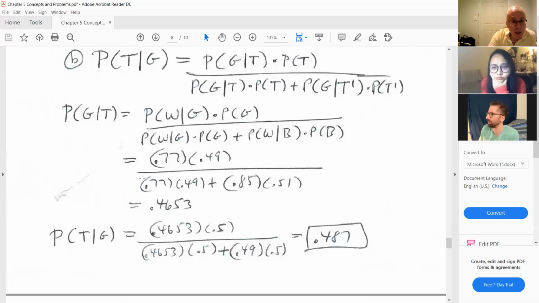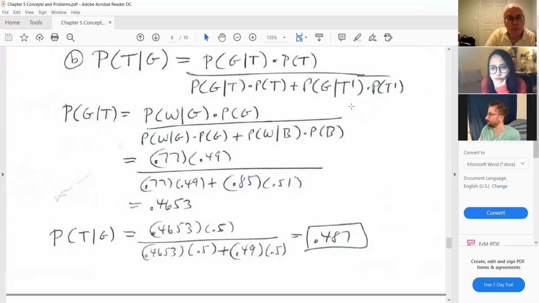I plugged in the most basic version of Bayes' theorem, which is just probability of A. Oh wait, I have to go back a couple of pages. Where is it? Okay.